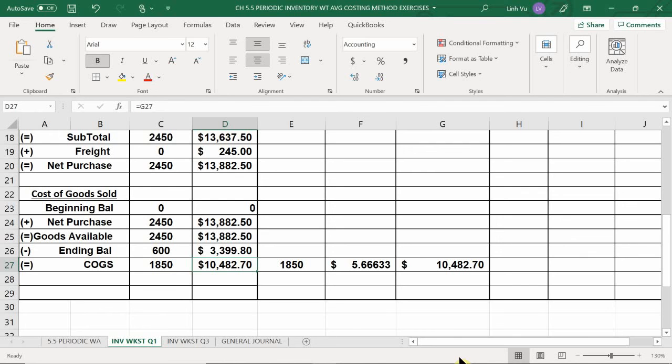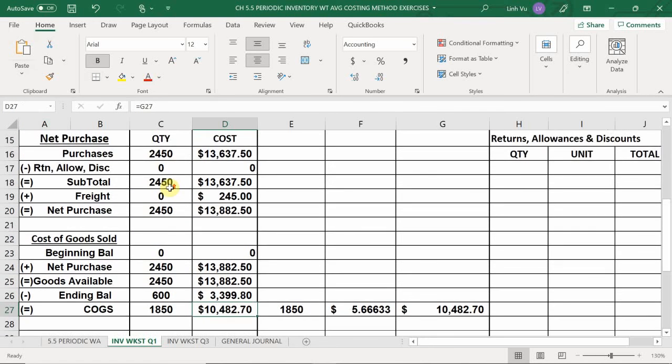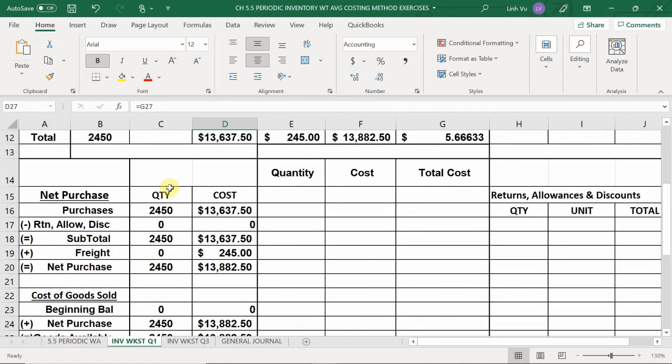Any questions on how I solved for this average cost per item? Yes.